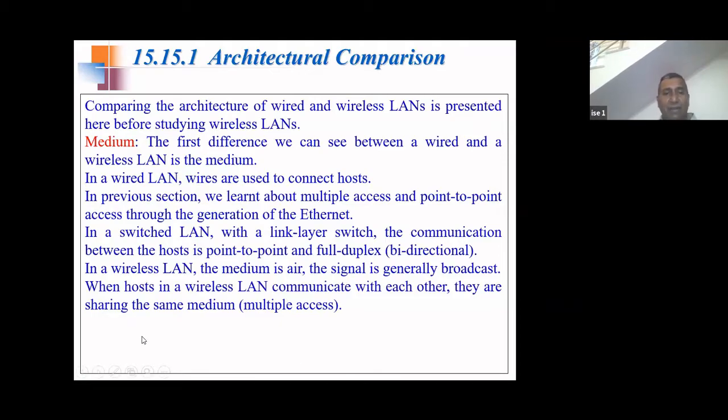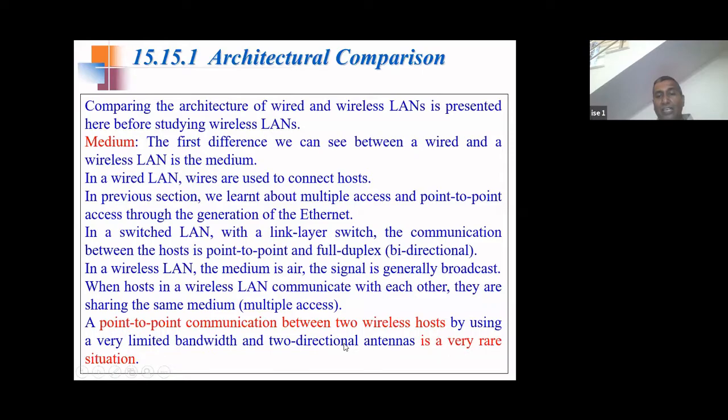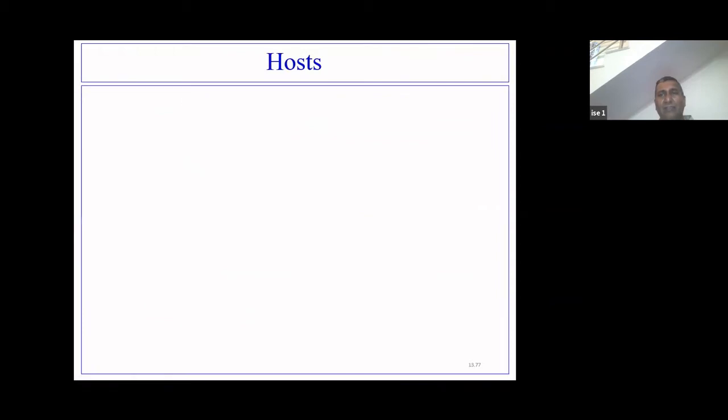So when hosts in a wireless LAN communicate with each other, they share the same medium for multiple access, which is air. A point-to-point connection between two wireless hosts uses very limited bandwidth and two directional antennas. Earlier phones had antennas, and that was a rare scenario, because now your phone itself is an antenna.